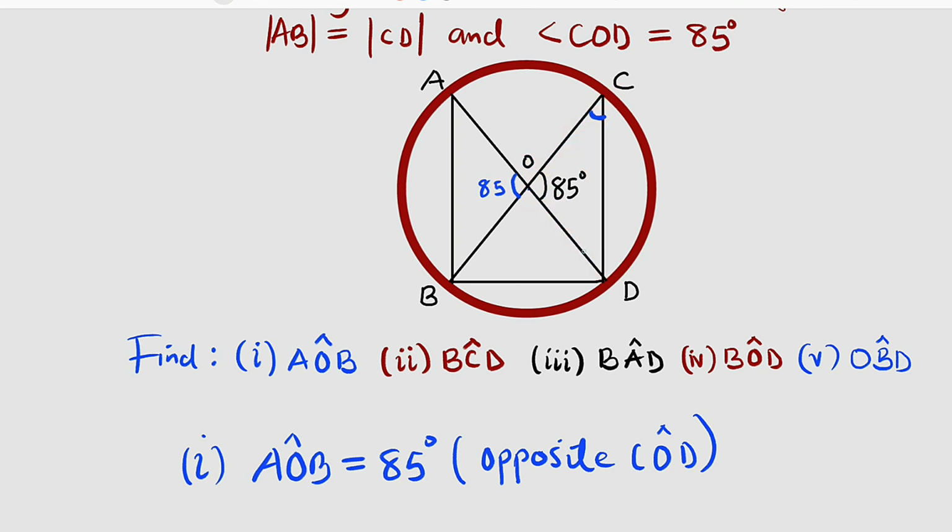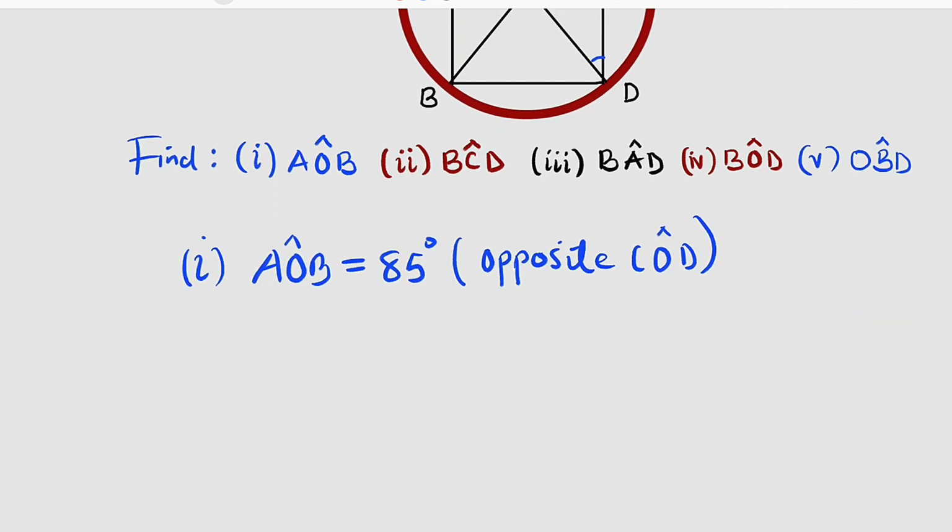So these two angles must be equal to each other. And from circle theorem, if a chord, this is a chord CD, subtends an angle to the center, the plane figure formed is an isosceles triangle. So since it is an isosceles triangle, and you know that the sum of the interior angles is equal to 180, how can we find one of the angles? We can subtract this angle from 180 and divide the result by 2.